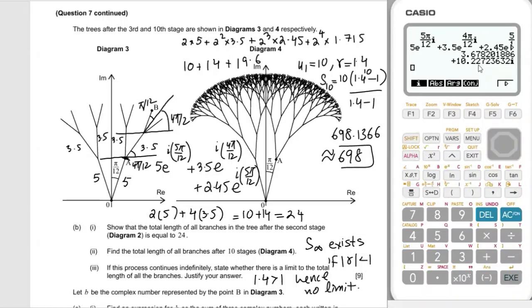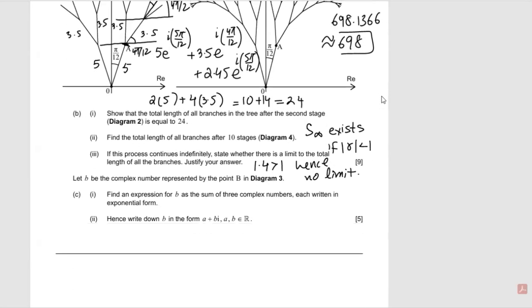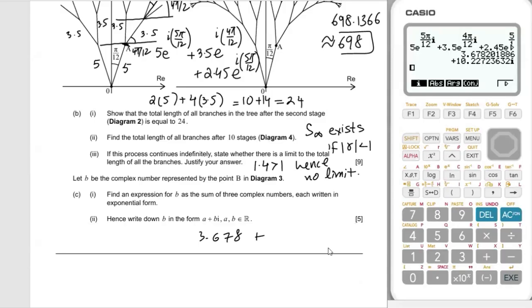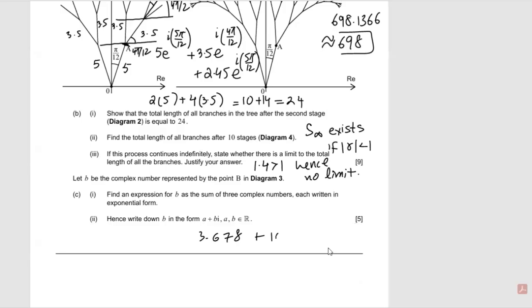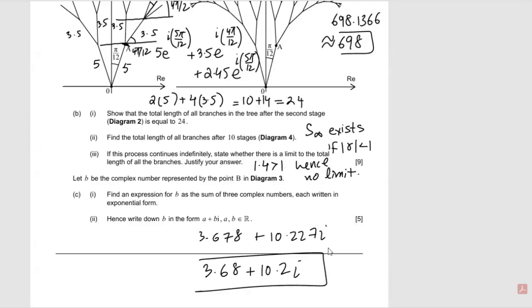I'm getting 3.678 plus, what's the b value? Let's see. 10.227i. So I can write it as 3.68 plus 10.2i. And that's it for this exam.